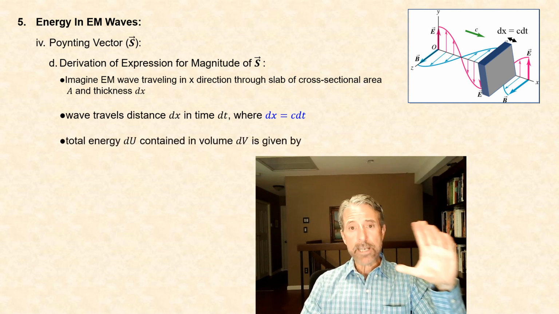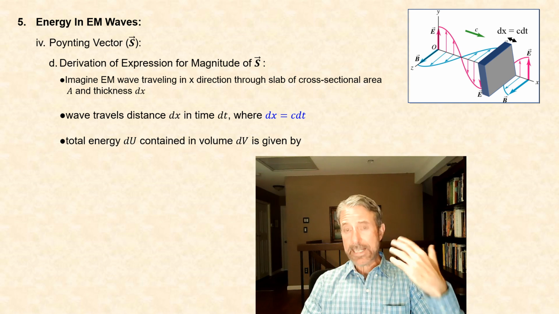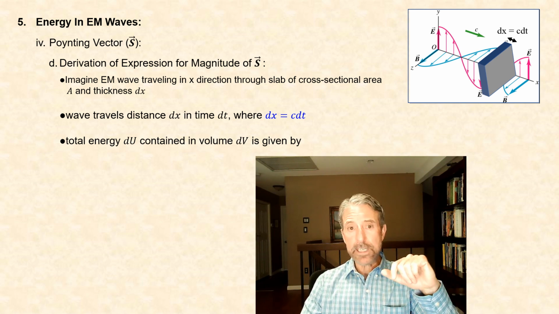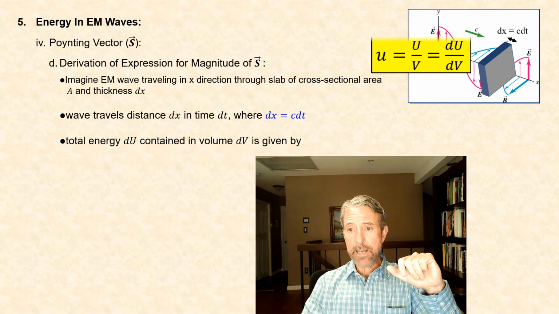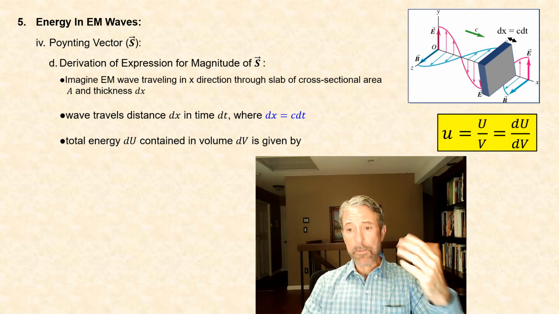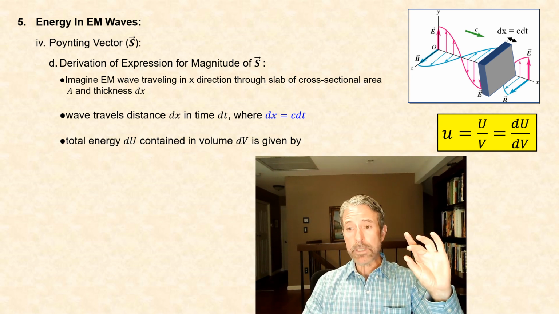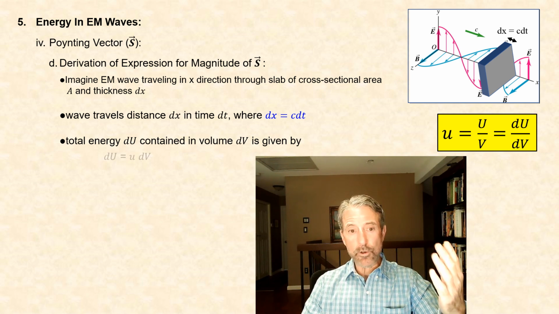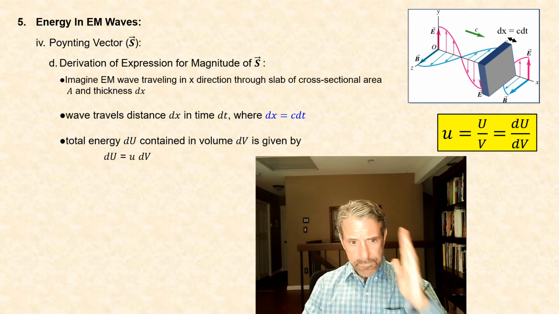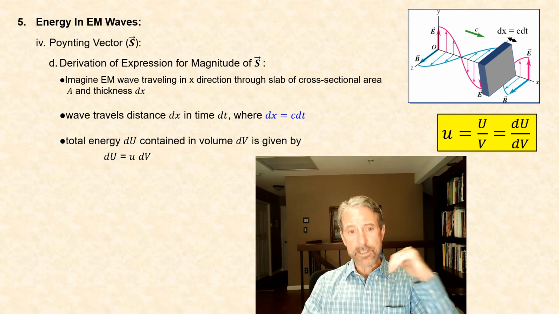Now, when we take a look at the total energy contained in the slab of volume dV, we can use the concept of energy density here. Remember that the energy density goes like the energy per unit volume, or in the language of infinitesimals, if we're talking about this infinitesimally thick slab with an infinitesimal volume dV containing an infinitesimal amount of energy dU, we can then say that the energy of the wave contained in that slab, dU, goes like its energy density u times the infinitesimal volume dV.